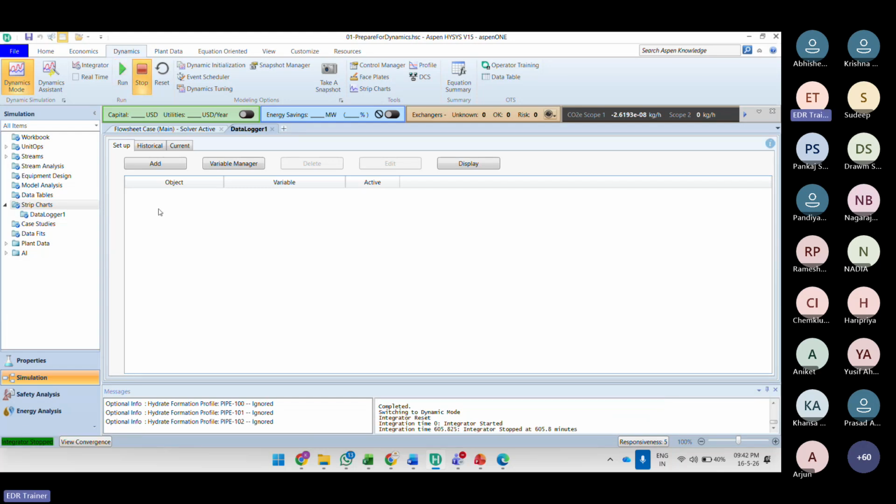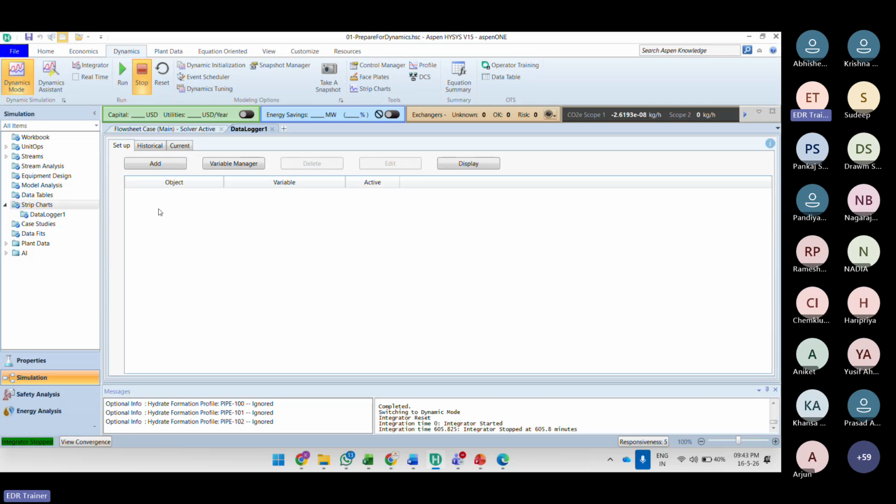I have stopped right now. This is the very basic first step, irrespective of whatever simulation you are doing. These are the basic steps that need to be followed for converting a steady state simulation into a dynamic simulation.